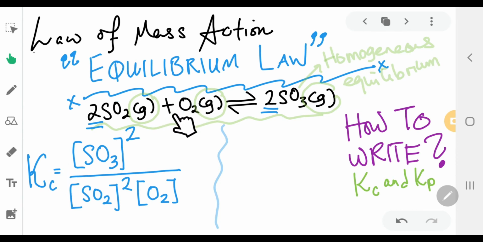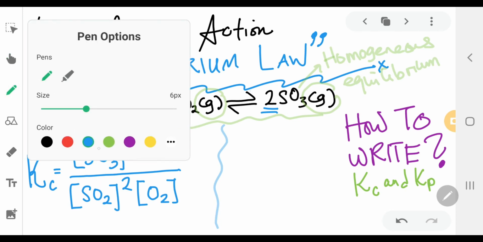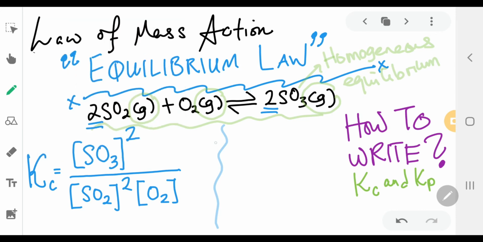Very easy, isn't it? Now, what about Kp? For Kp, I'm going to use green, perhaps. So for Kp, it's going to be exactly the same as what we have done just now, but instead of using square brackets, we're going to use P, because we're trying to write the equilibrium constant for pressure.